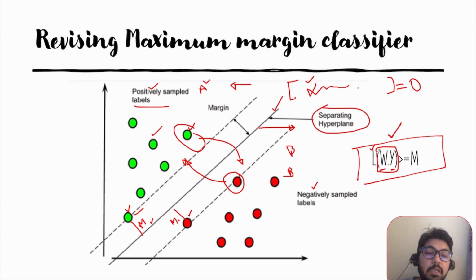If each point satisfies this formula, that is, if the label of that point is positive +1 here and negative -1 here, then the label times the w array is w0 plus w1 plus w2. It is nothing but a coefficient array, and y is the independent variable or regressors array.